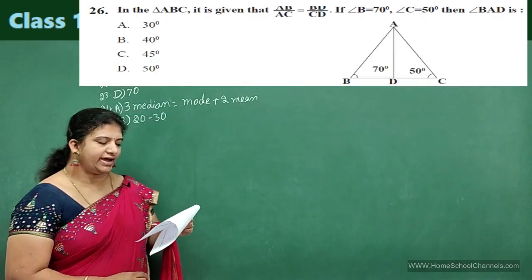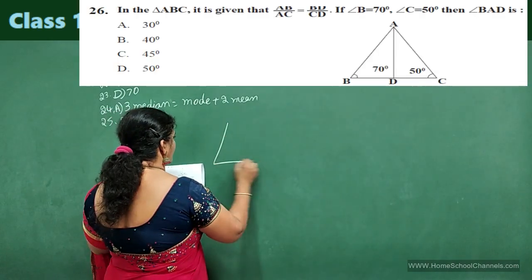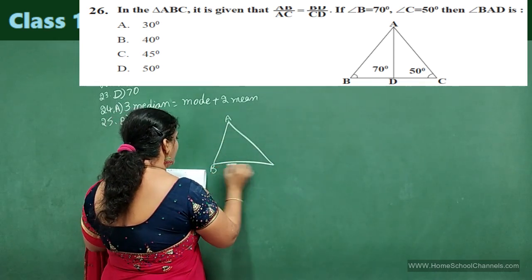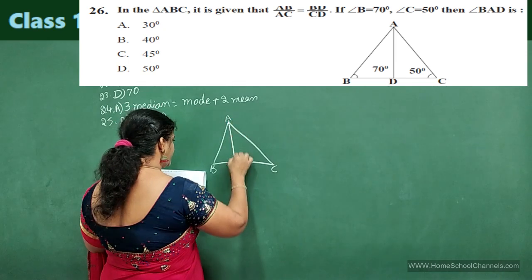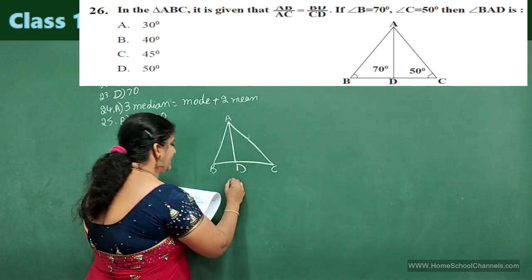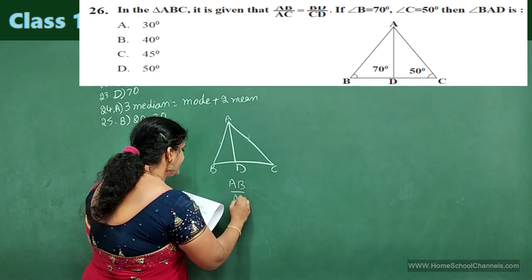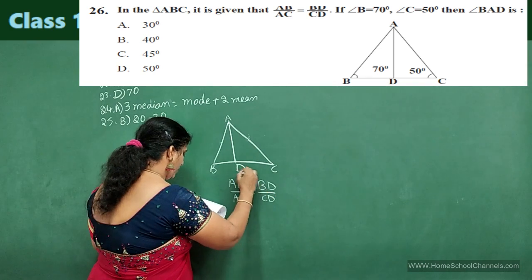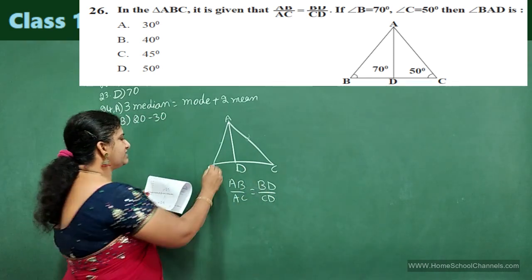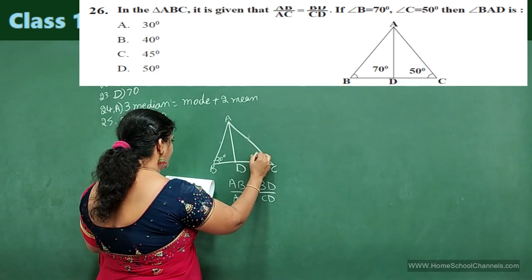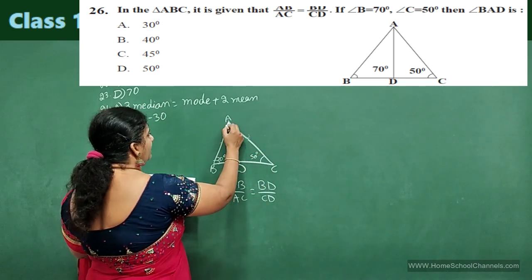26th one, in the triangle ABC. This is D. It is given that AB is to AC is equal to BD is to CD. If angle B is equal to 70 degrees and angle C is equal to 50 degrees, then what is angle BAD?